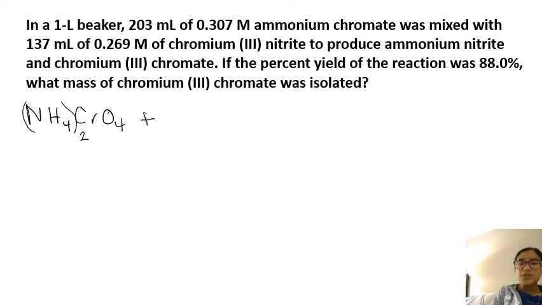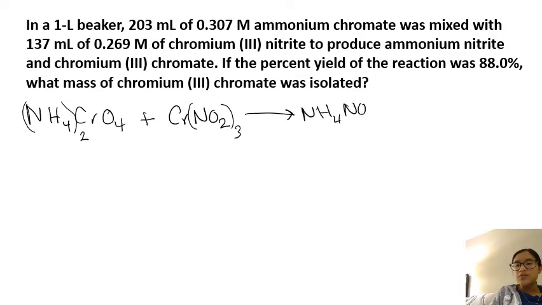Then it goes to chromium nitrite, so nitrite is NO2 instead of NO3, like nitrate. Because we're told that it's chromium 3, we need 3 of those to balance out the charge. Then that goes to ammonium nitrite, NH4NO2, plus chromium 3 chromate.